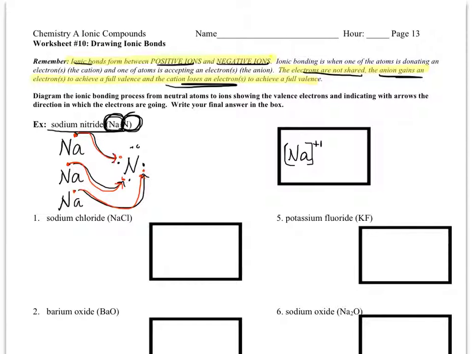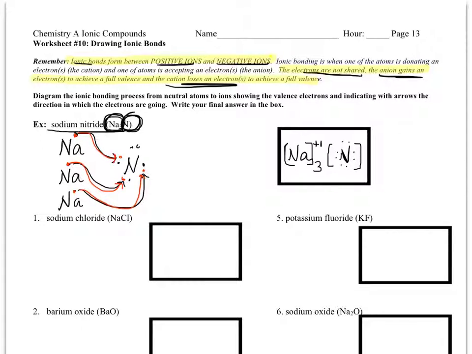Okay, now there wasn't just 1 sodium that did that, right? We're going to put a little 3 down here to indicate that there were 3 sodiums that each gave away electrons. And we have nitrogen that now has 1, 2, 3, 4, 5, 6, 7, 8, a total of 8 electrons.